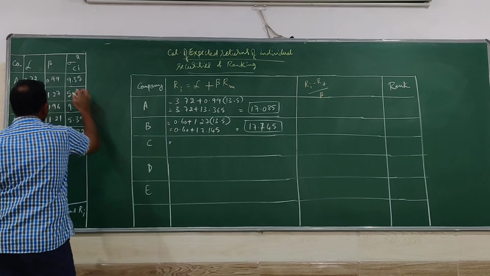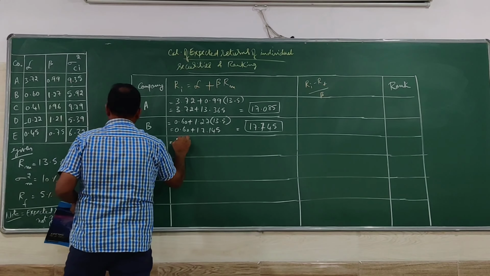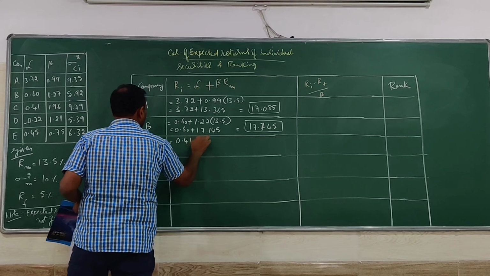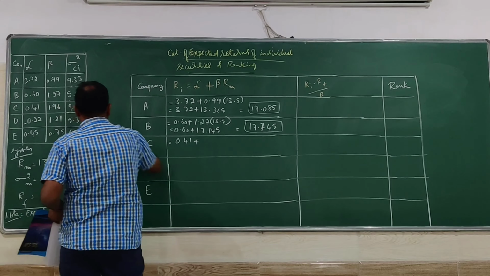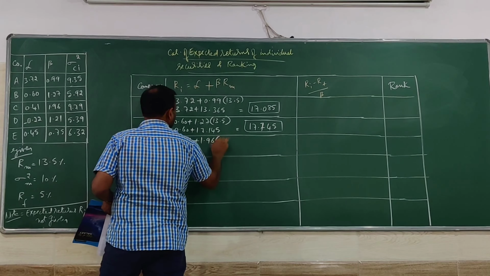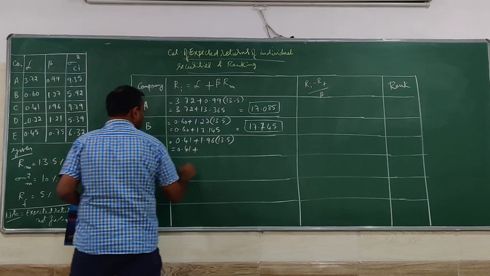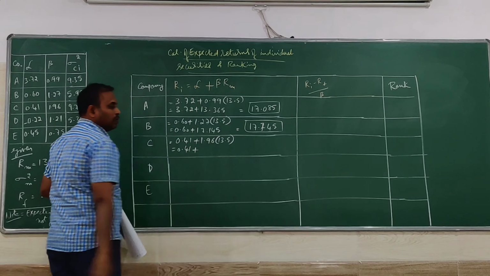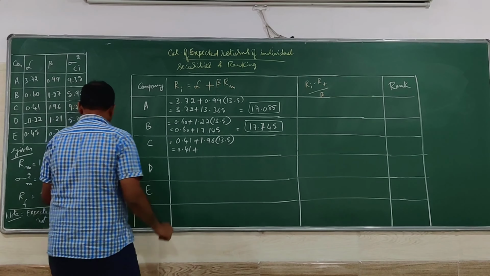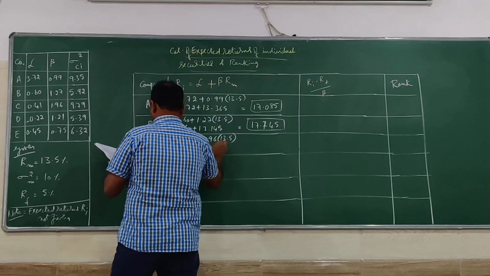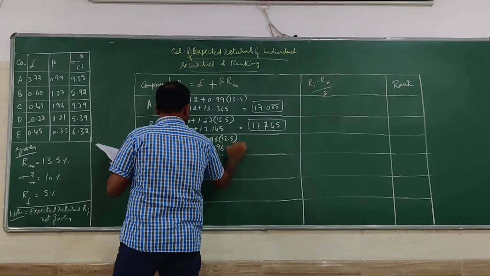Next for C, alpha for C is 0.41 plus beta for C 1.96, RM remains the same. So 1.96 into 13.5 comes to 12.96.